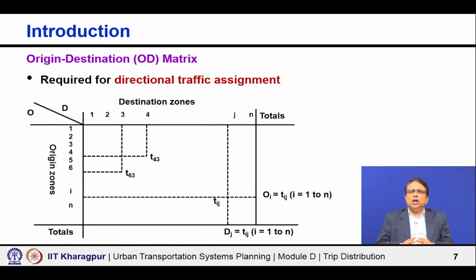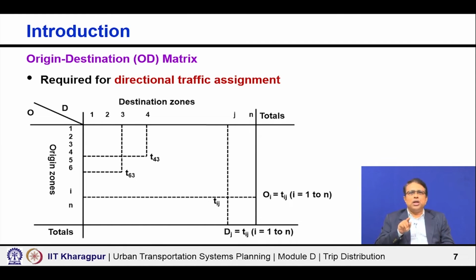When you come to the origin destination matrix, it is actually directional. If I am saying 1 to 2, that means the direction of travel is from 1 to 2. If I am saying 1 to 4, I actually mean the direction of travel is from 1 to 4.